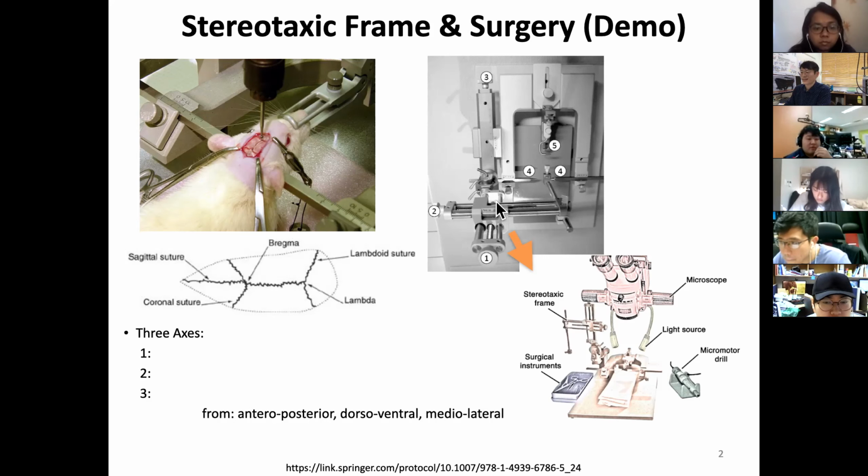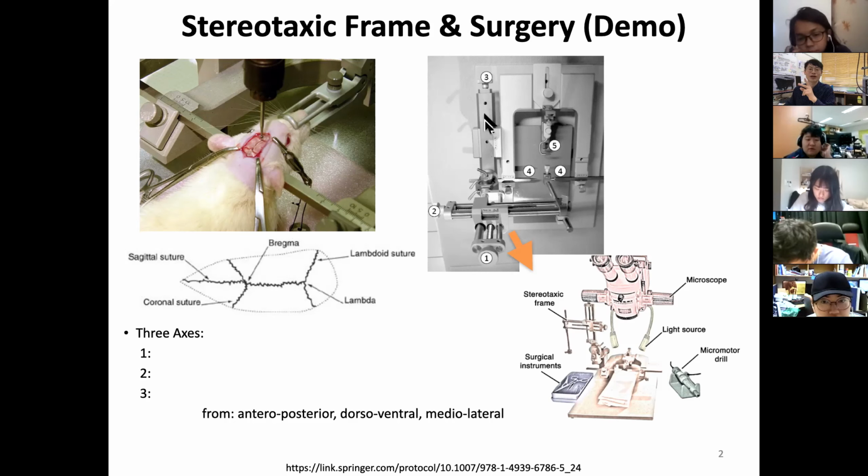Transverse? Sorry, you can choose out of these 3. One is anterior-posterior. And 2 is medial lateral. Yeah, 2 is medial lateral, right? 3 is dorsal ventral.